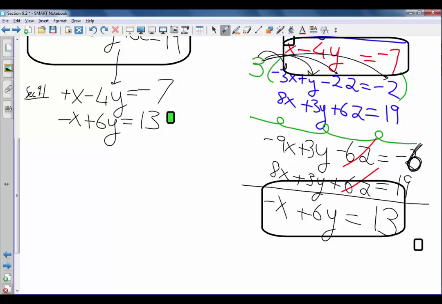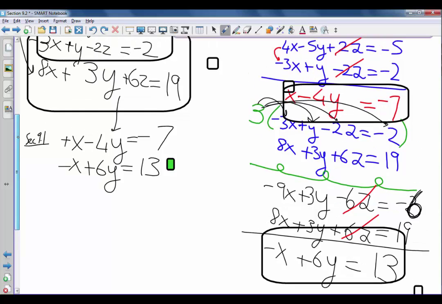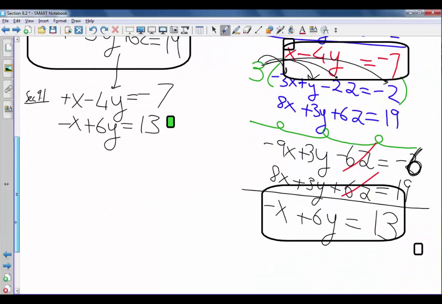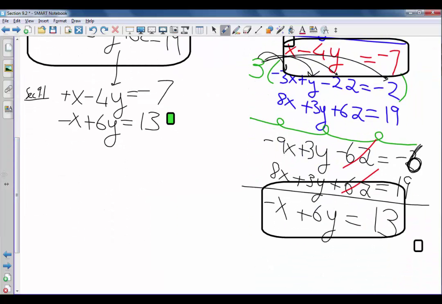So we will do the addition method rather than substitution. You can do substitution. So you have the choice of substitution or addition, but I like addition for this one. I kind of always like addition. I like multiplying things, so the addition method is my favorite. But if you like substitution, it's fine.